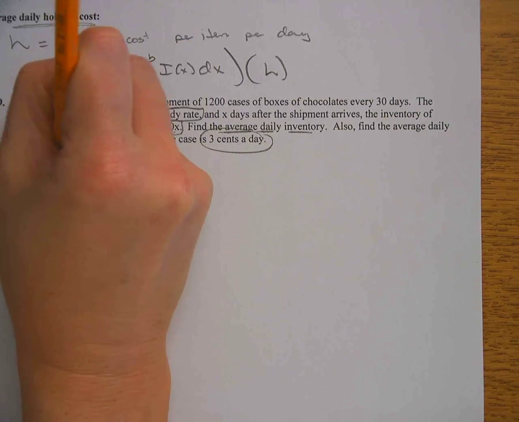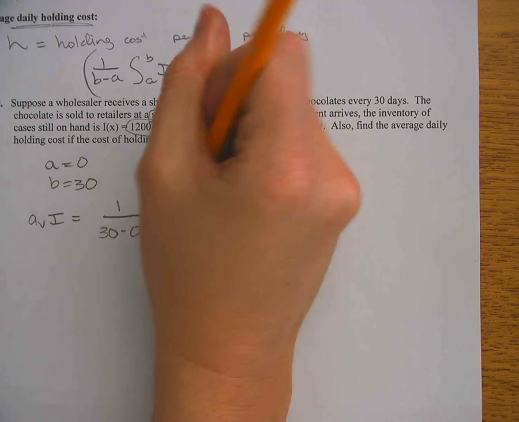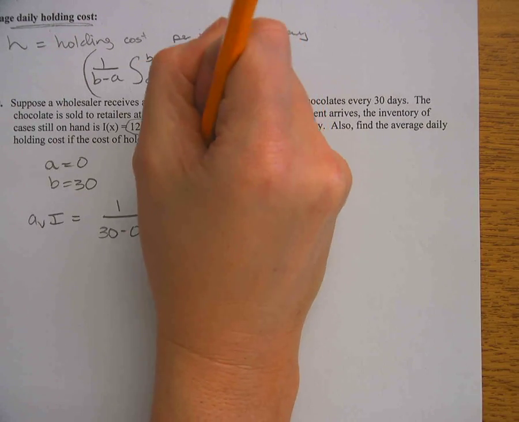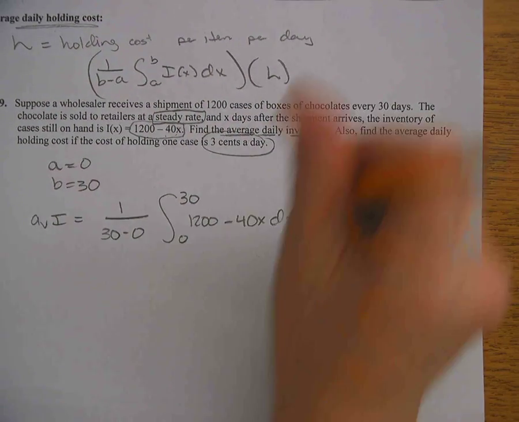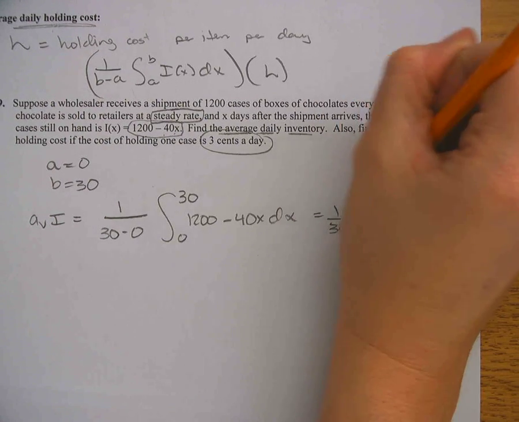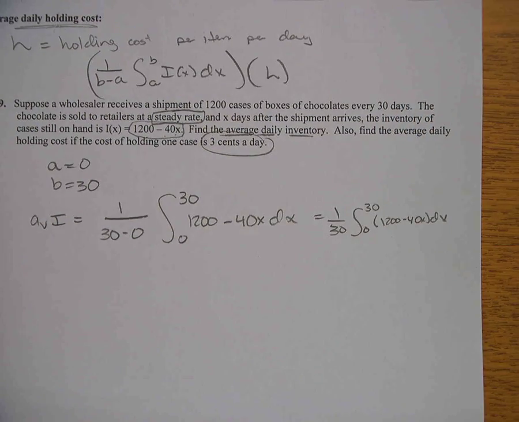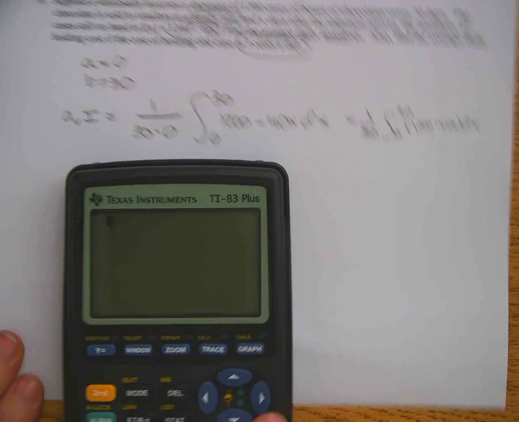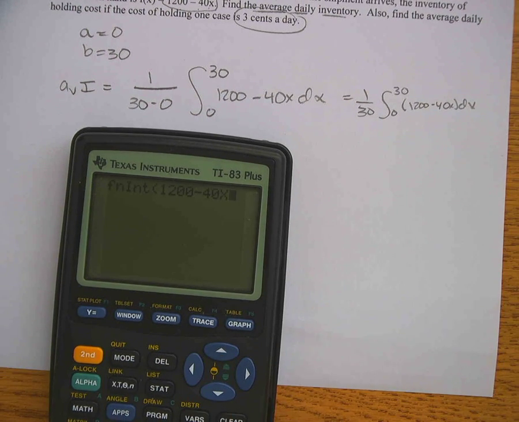To find the average value of the inventory, I would do 1 over 30 minus 0 times the integral from 0 to 30 of 1,200 minus 40x dx. That is going to give me my average inventory. I'll use my calculator to evaluate that: math 9, 1,200 minus 40x, comma x, comma 0, comma 30.